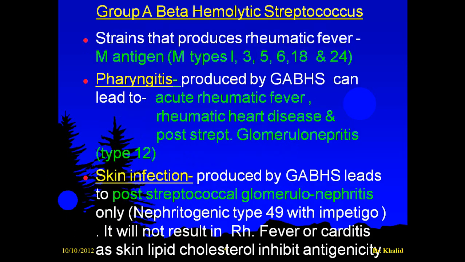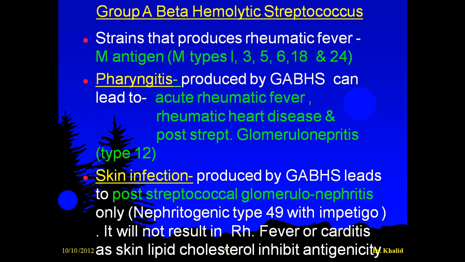The group A beta-hemolytic strep strains that produce rheumatic fever have M proteins and are called rheumatogenic: types 1, 3, 5, 6, 12, and 24. Pharyngitis produced by group A strep can lead to rheumatic fever.